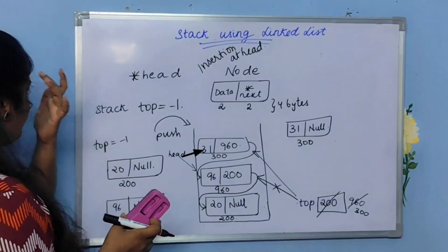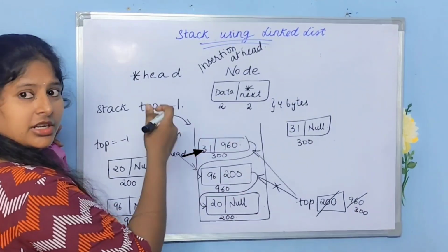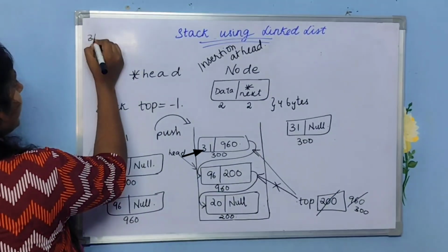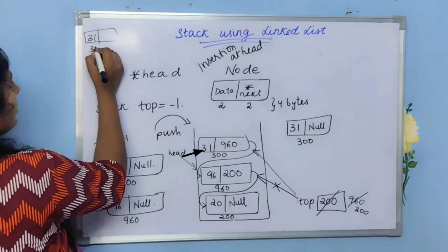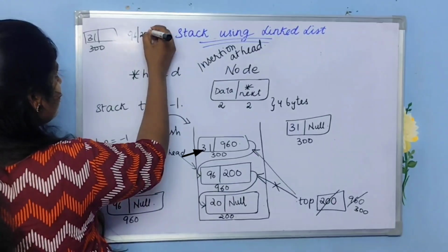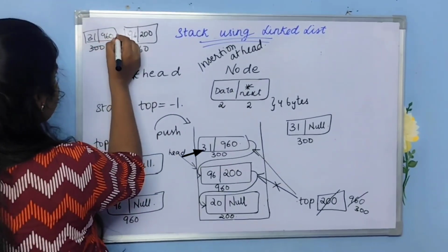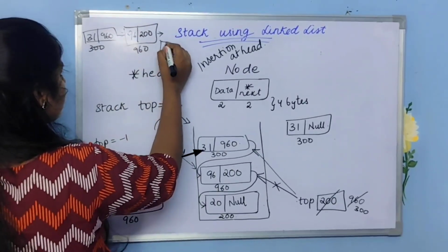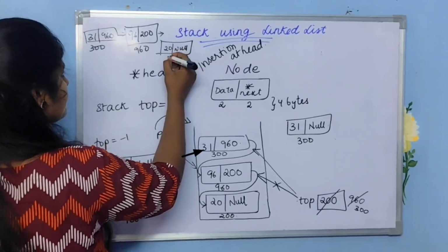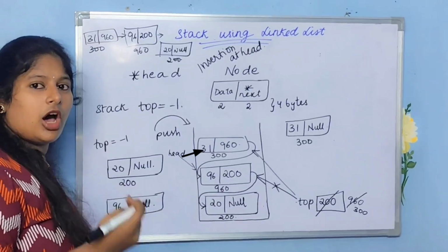I'll show you how this is represented in a normal linked list. So if my first node is 31, 300, second node is 96. This follows just like normal stack operation.